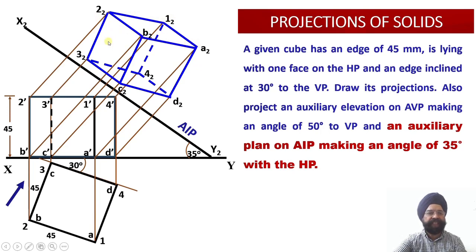These three surfaces have covered the surfaces which are lying behind them, and corresponding to these three surfaces, these are the three dotted lines which have been obtained.